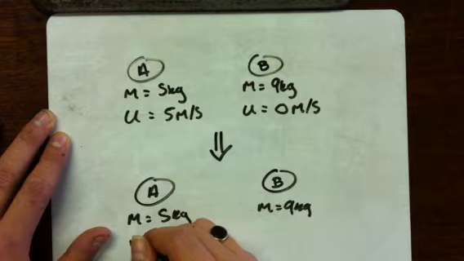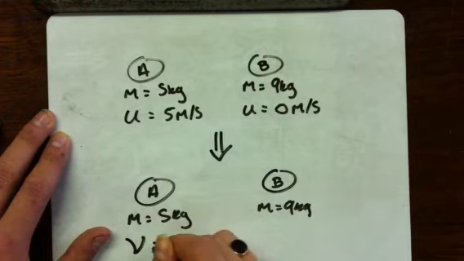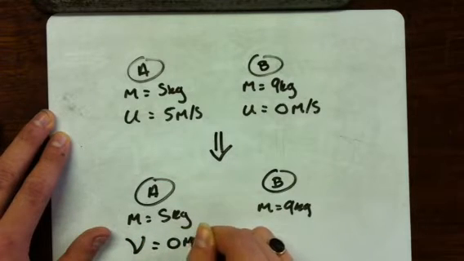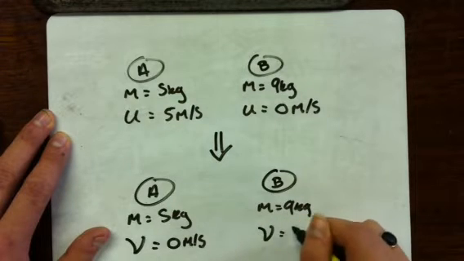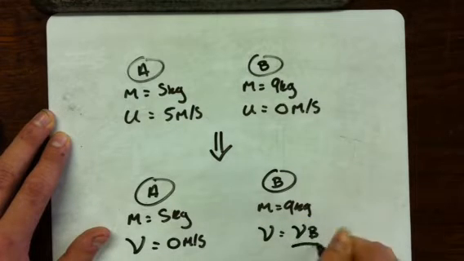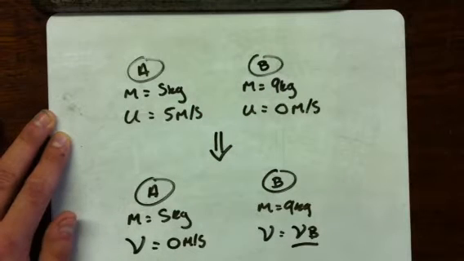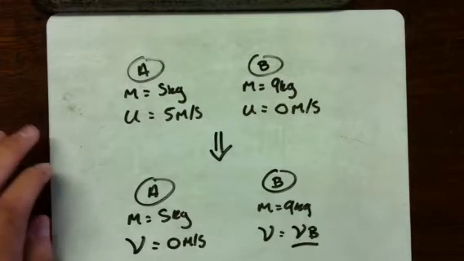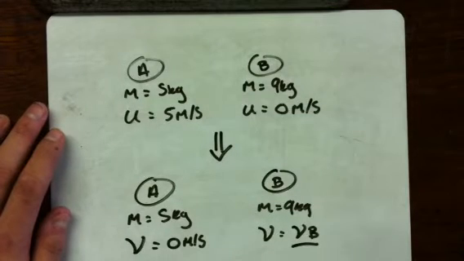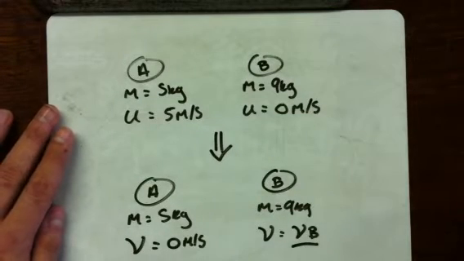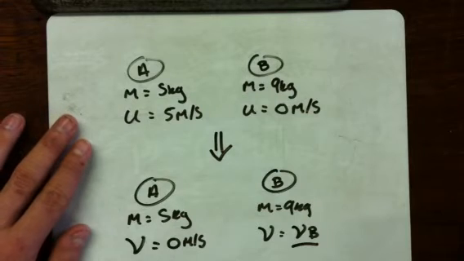This is a final velocity, so we represent it with the letter V: 0 meters per second. And object B has a velocity, which we don't know yet, so we'll represent that by v subscript B. So we're going to continue with this. Now I'm going to erase the bottom of the diagram just so I've got room to work, but it will always be a good idea for you to keep hold of it.